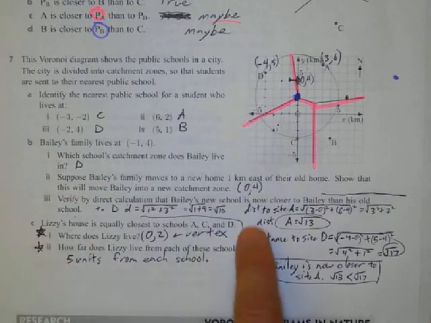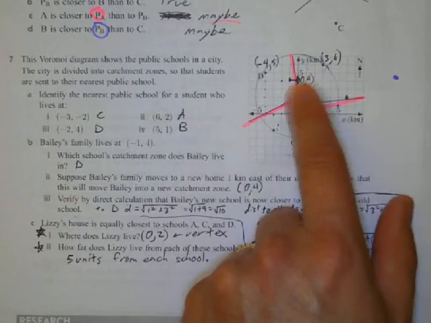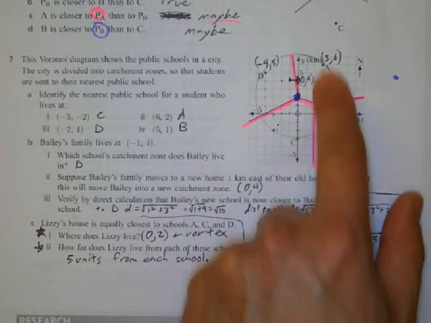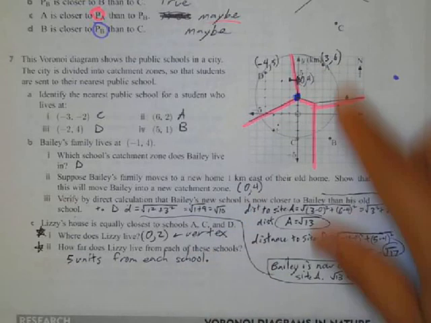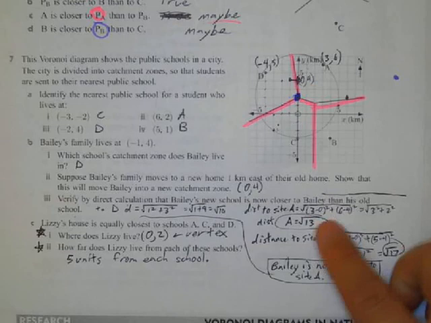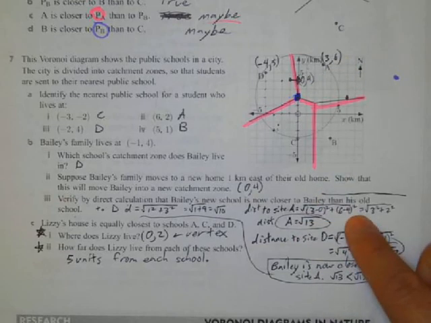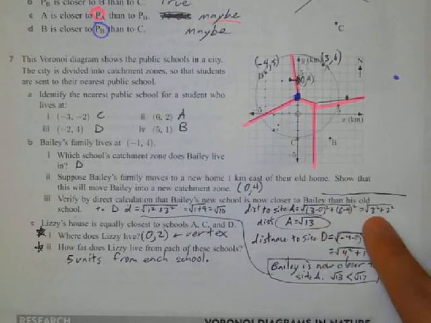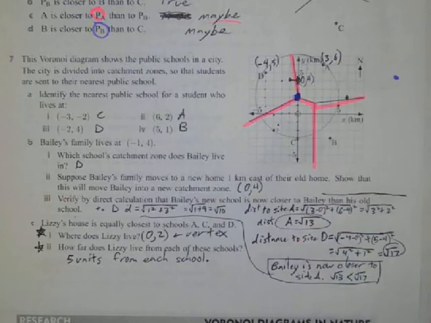This new school is closer to site A because I can do the change in the x. Using those coordinates in the distance formula, 3 minus 0 squared plus 6 minus 4 squared, I end up with 3 squared plus 2 squared. So the distance from this point to site A is the square root of 13.